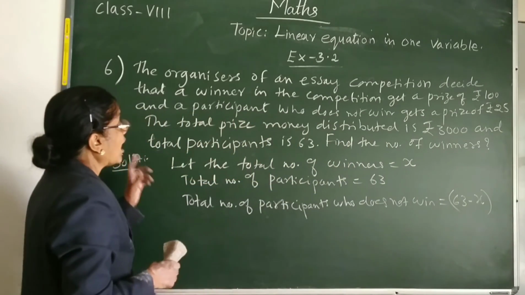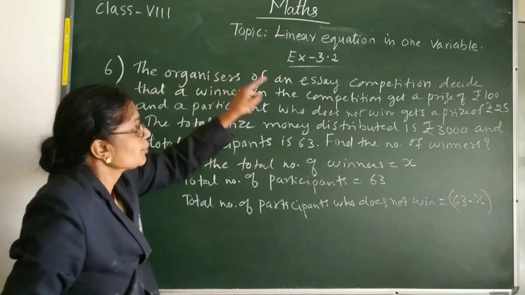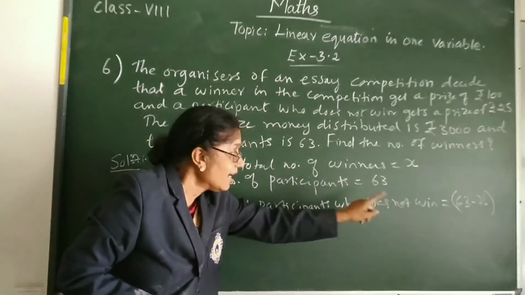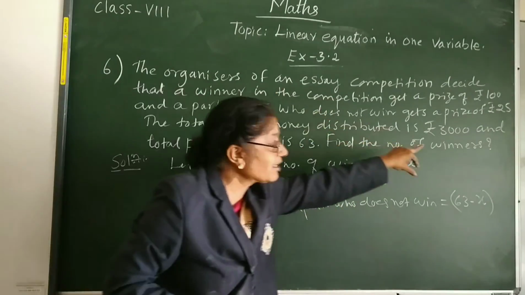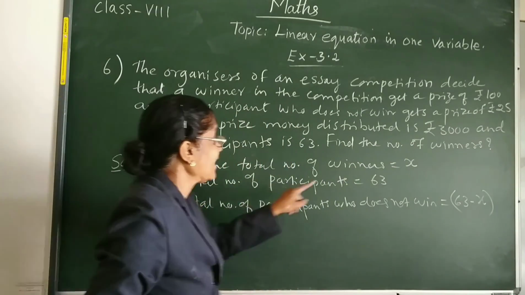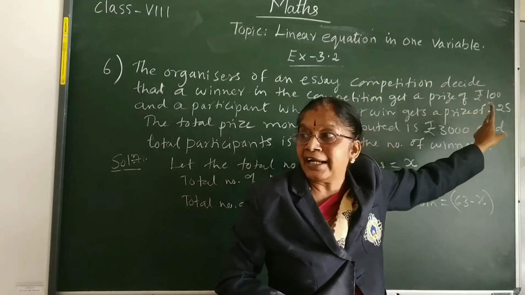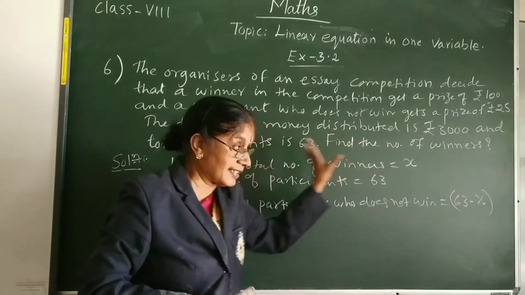Now we have to find the amount for winners and the amount for those who do not win. The total amount given is 3,000. What is the amount for winners? X winners, and each one is given 100 rupees, so it is 100x.